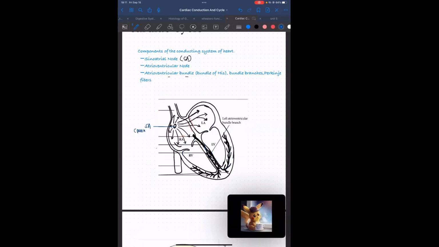So when you have to write about a node, you start with: the node is a group of specialized cells in the myocardium near the opening of the right atrium, near the opening of the superior vena cava.